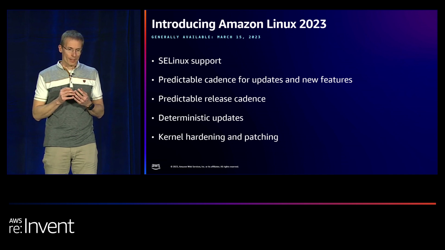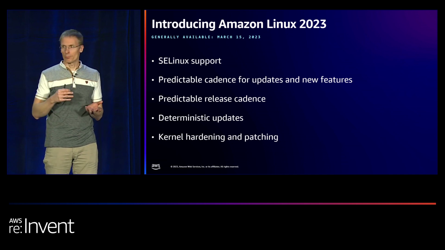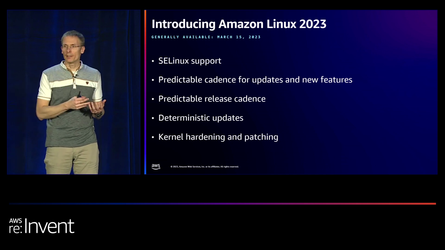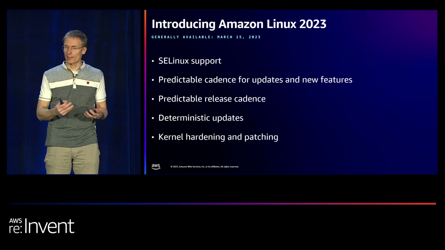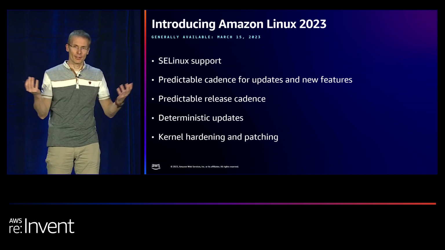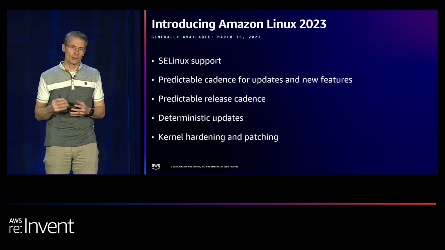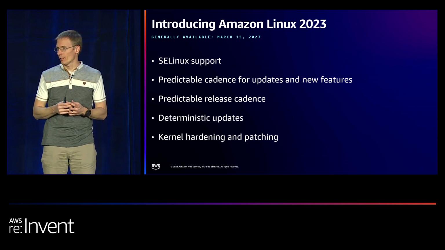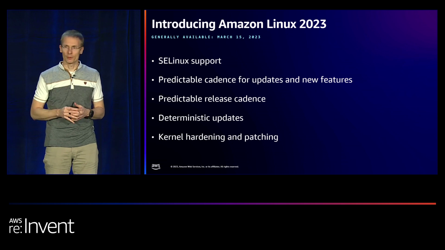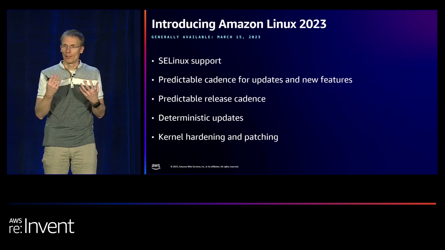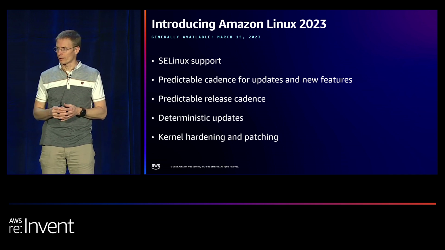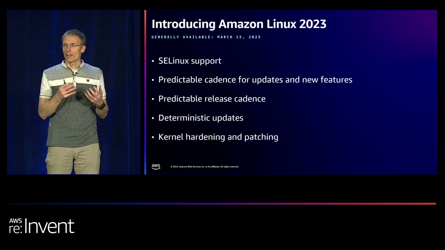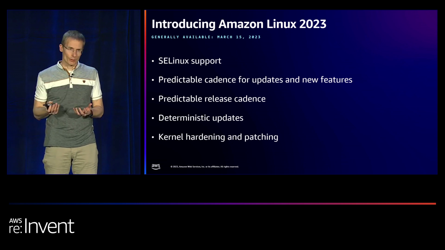So Amazon Linux features a predictable release cadence. That starts with our bi-weekly security updates. So every second week, we typically provide an update with security patches. If there is an important or critical CVE that we want you to get as quickly as possible, we also do out-of-cycle releases for this specific purpose. Outside of the security updates, you will get quarterly releases.